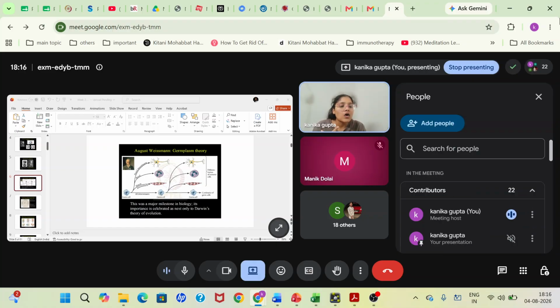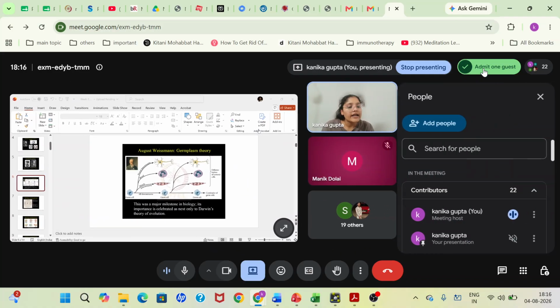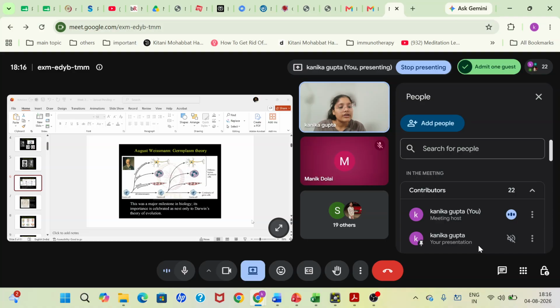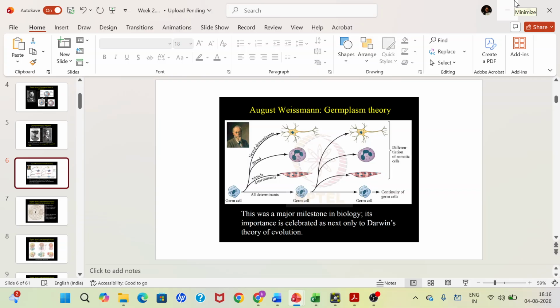That is because this germ cell has all the information which it can transfer to its zygote, and then that zygote will be able to develop into a full-fledged organism. So that is why the germplasm theory said that the germ cell has all of the information. This was a major milestone in biology, and its importance is celebrated in Darwin's theory of evolution.